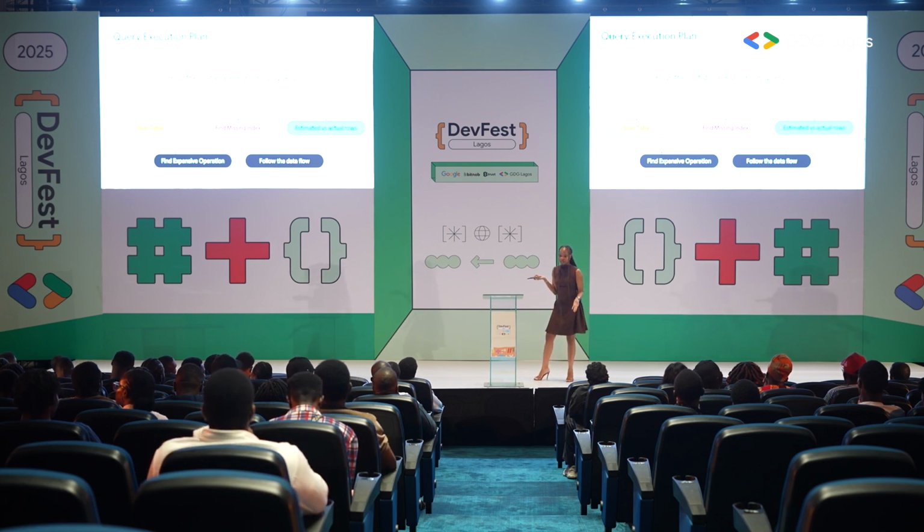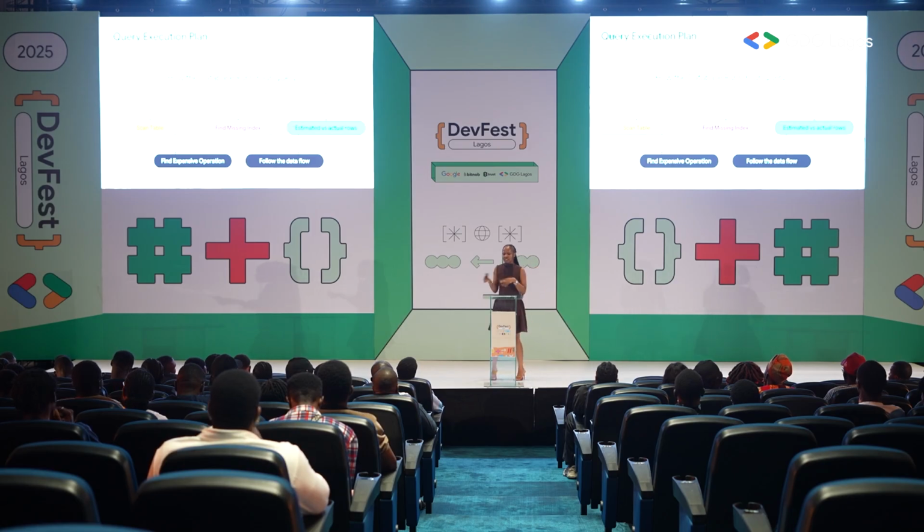Sometimes explain could also help you know where you should add your index. And when you see funny things within your estimated versus actual rows, you know there's something fishy somewhere.